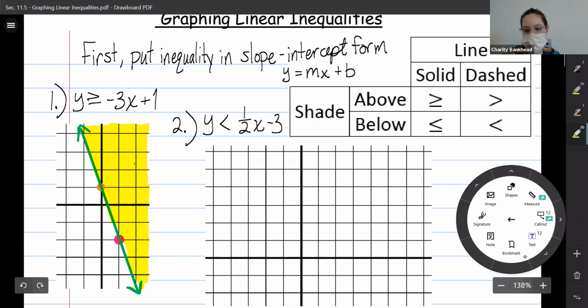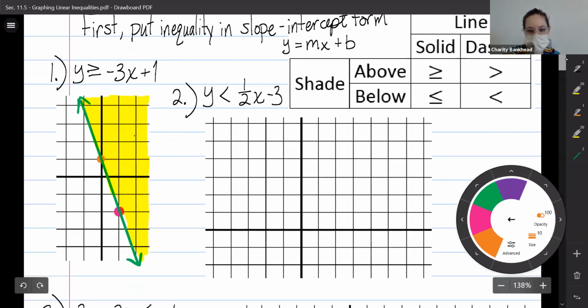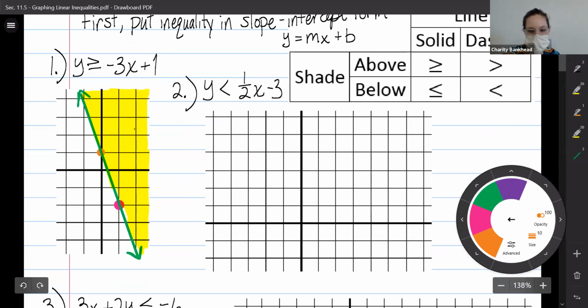All right, number 2. So what is the y-intercept? That would be -3. And then the slope is 1/2. So we go up 1 and over 2 from there.